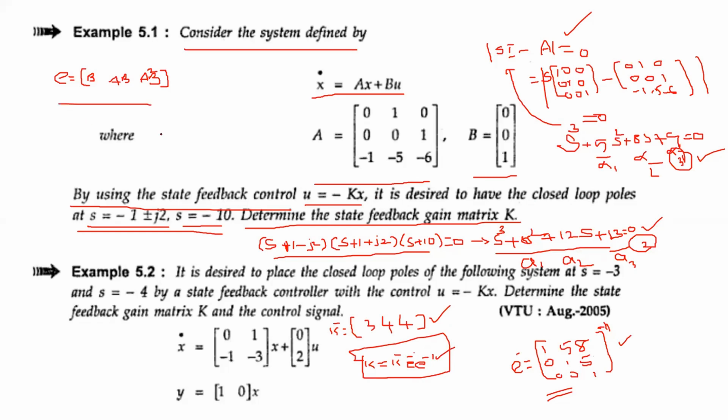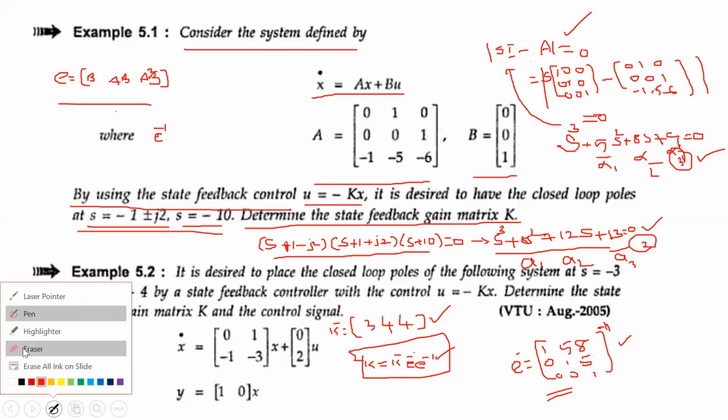This is matrix E, and to find its inverse, that is E inverse. If you multiply the 3 matrices, you can obtain the matrix K. So this is the method to design closed loop state feedback. That's the state feedback controller design. I hope you understand.